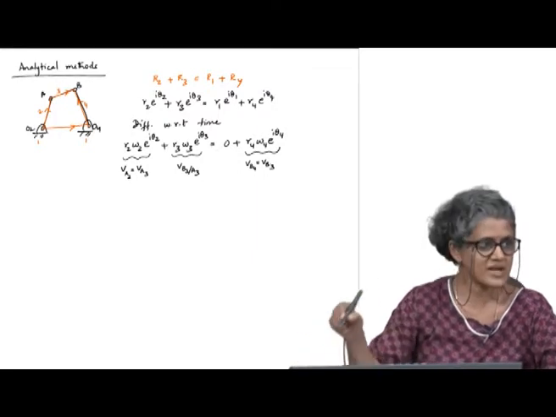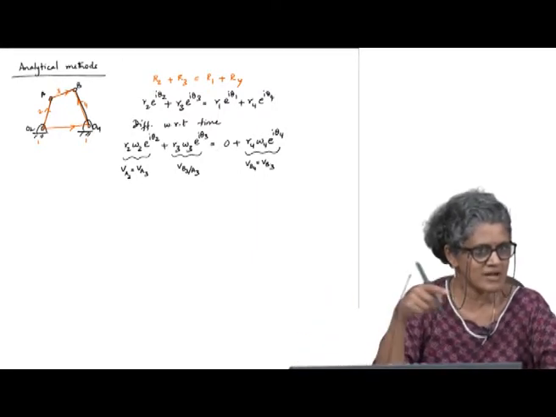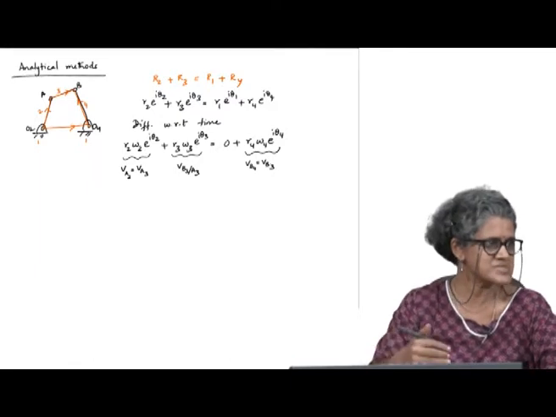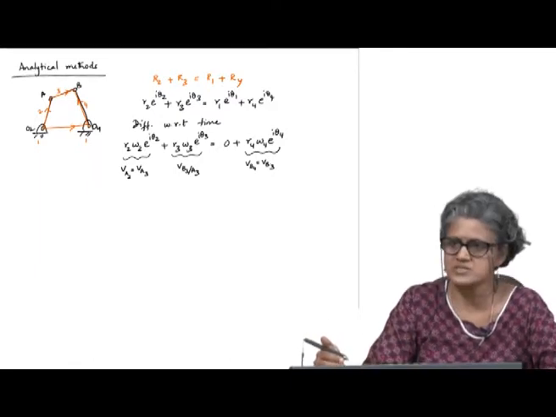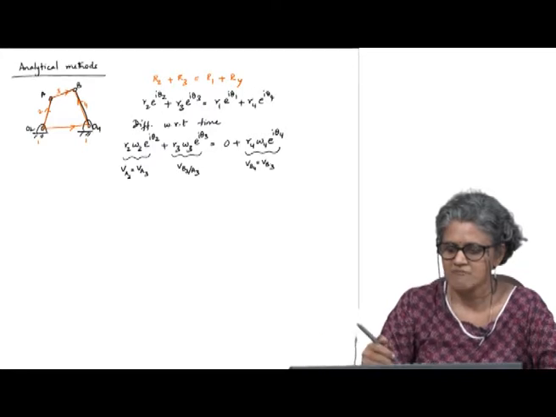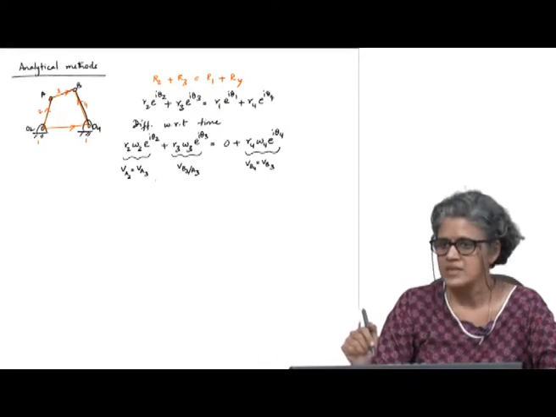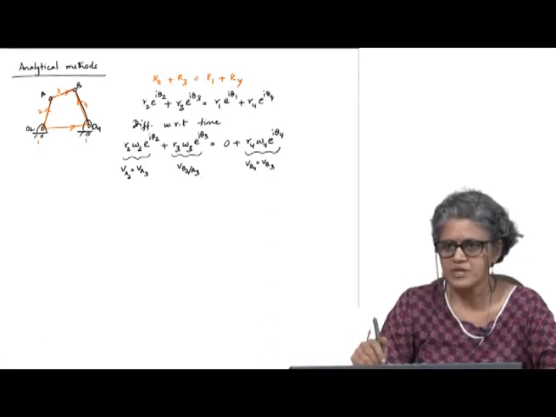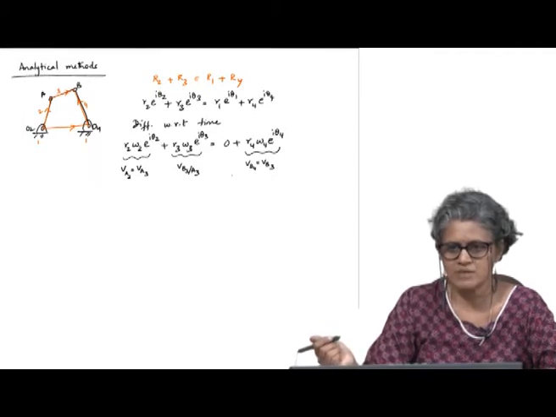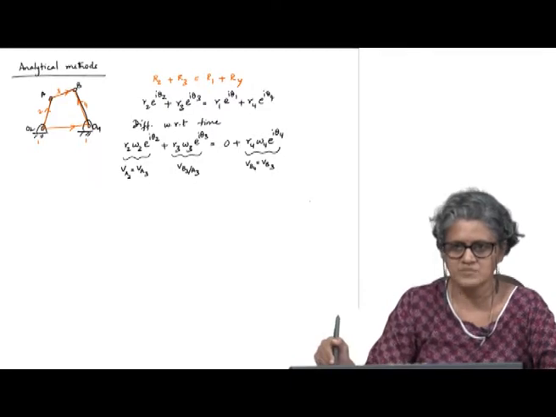So, remember the vector equation that we solved for the graphical analysis, it comes directly from these equations. You have velocity of B on body 3 equals velocity of A on body 3 plus the velocity difference of B on body 3 with respect to A on body 3. So, this is where that comes from.